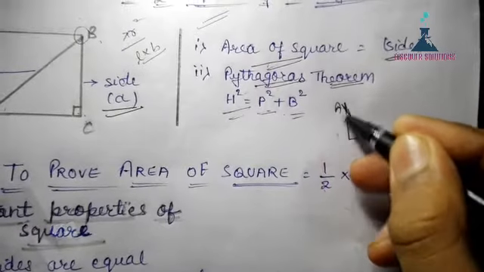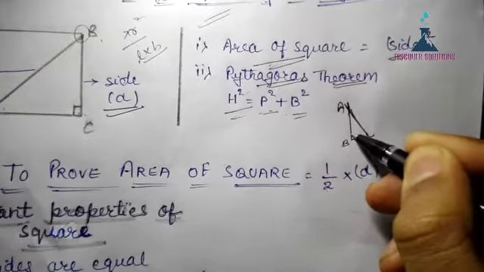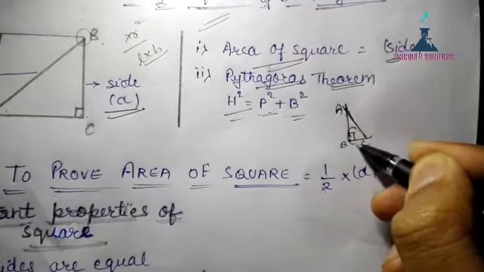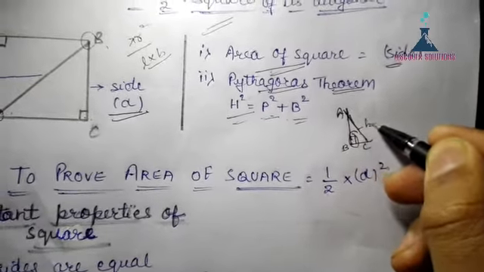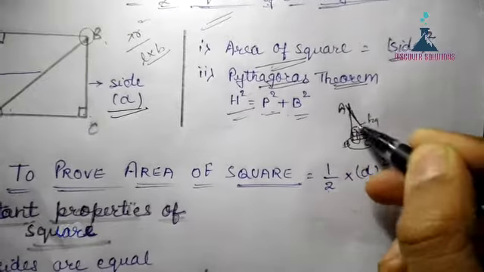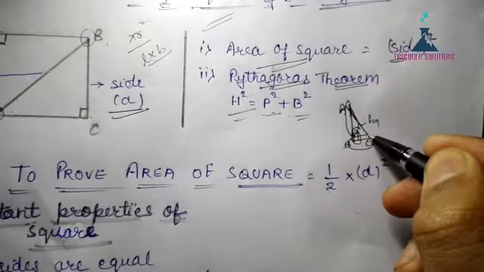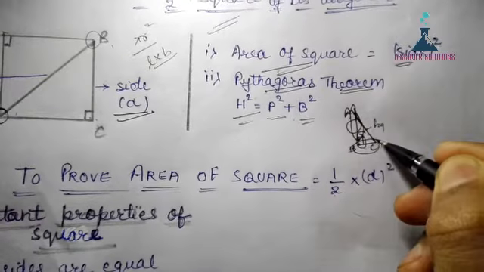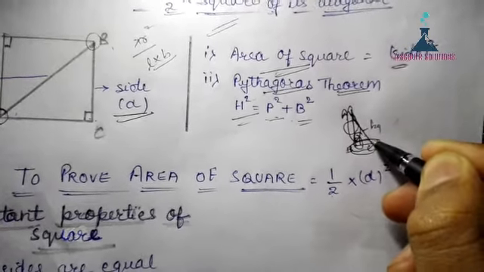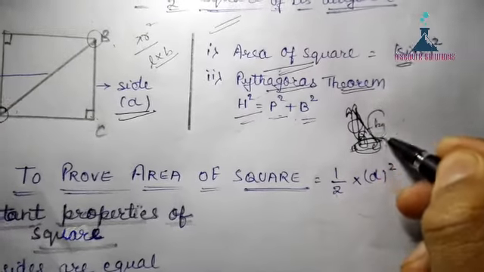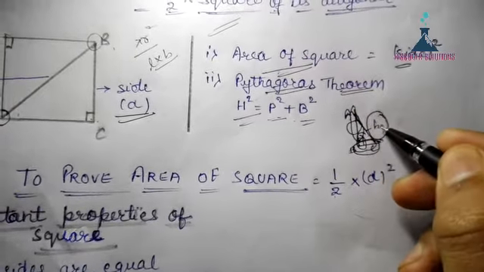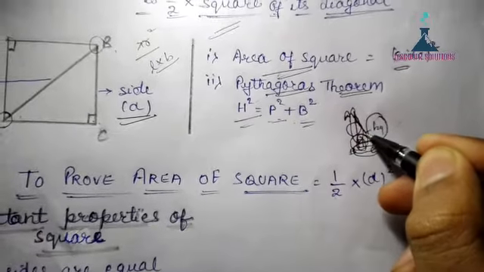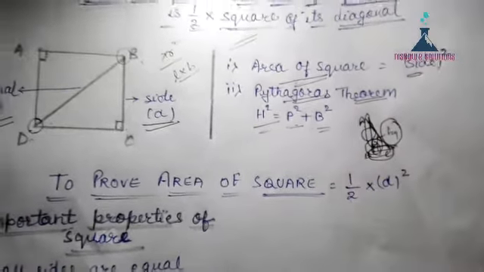Suppose this is a right triangle ABC, and this is right angled at A, then the side opposite to the vertex where the right angle is formed is called the hypotenuse, and this is called the base, and this is called the perpendicular. And if you tilt it, then it would also be called a base, and it would also be called a perpendicular. But the hypotenuse will always be the side which is opposite to the right angle. So friends, now let's move.